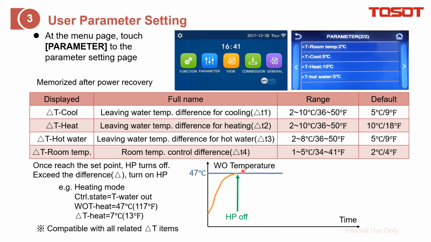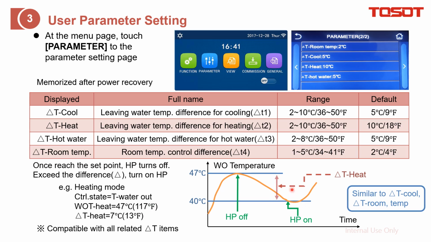Then the heat pump turns off. After that, the water temperature will drop until this point, which is 47 minus 7. It will become 40. Then the heat pump will turn on again to heat up the water. And here is what we call this delta T heat.